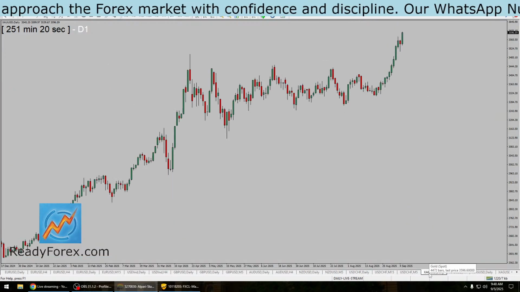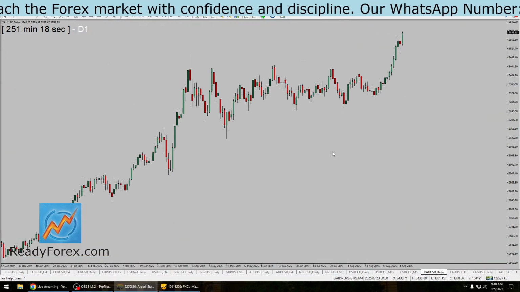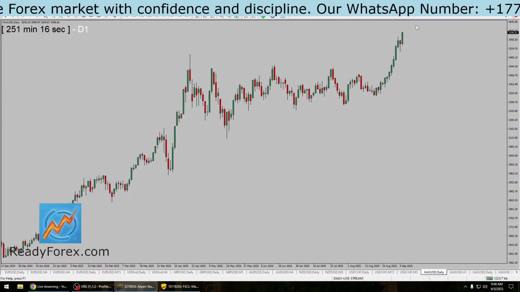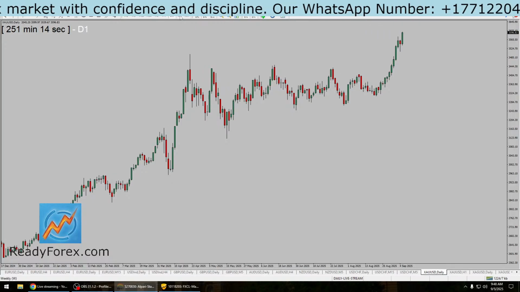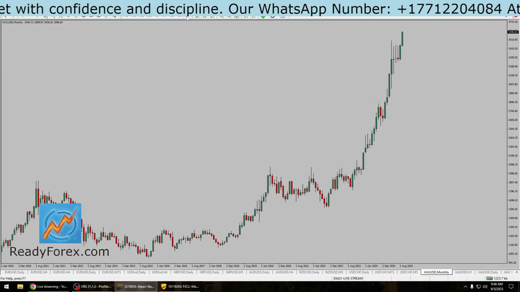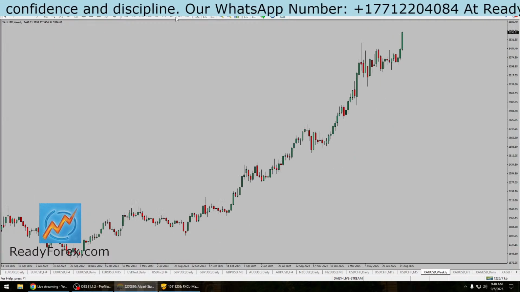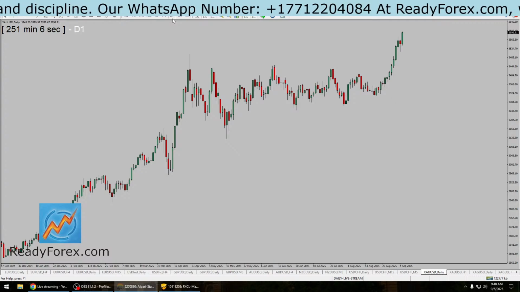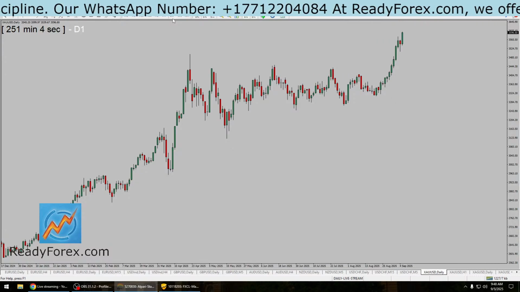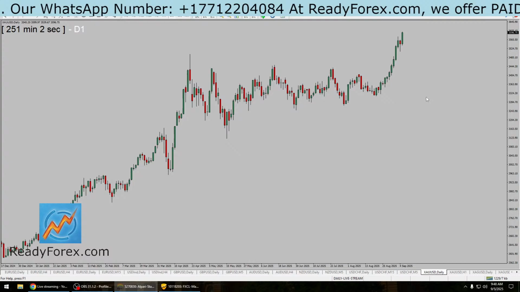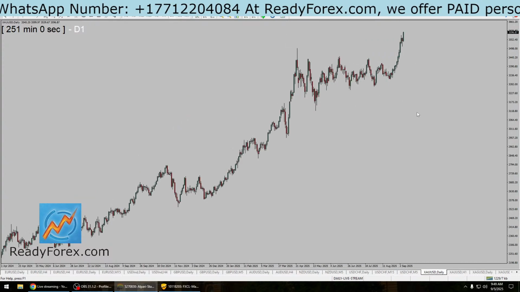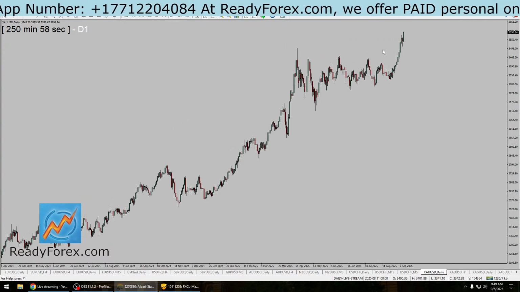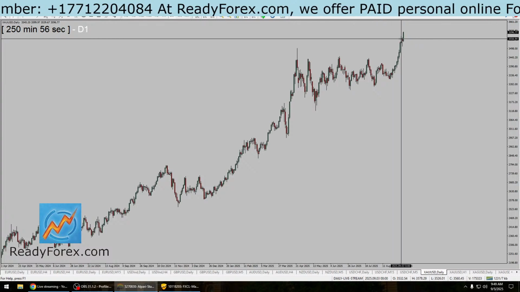Next one is spot gold. Spot gold is going up, and I expect further upside in spot gold, but at the same time I must also mention that spot gold is going to print a long-term top in the coming trading weeks, and we're getting this triangle breakout over here.